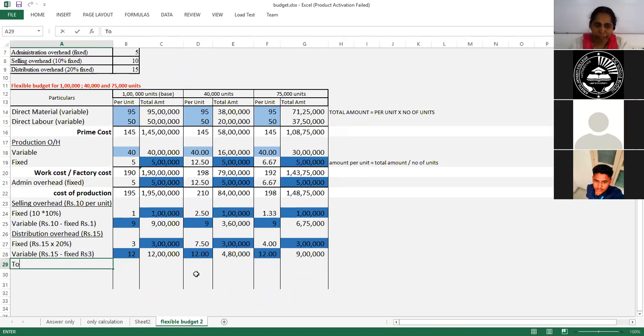So finally, you are going to take the total cost. So total cost will be all these three. Okay, cost of production, everything you are going to use. You will get the total cost.